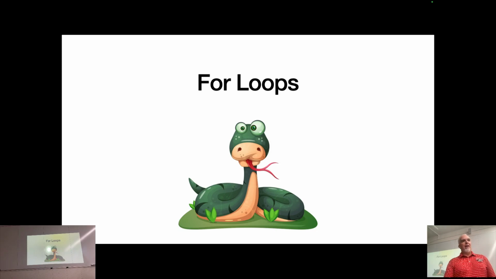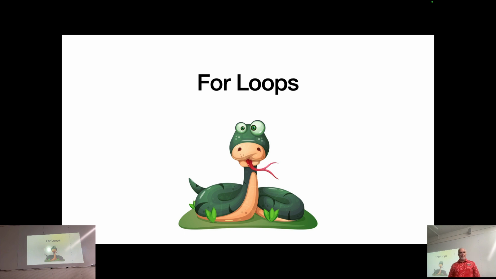A for loop is a loop like a while loop. It does something a number of times, but instead of a conditional statement that evaluates an expression to true or false, what we have in a for loop is a set, a list, a group.